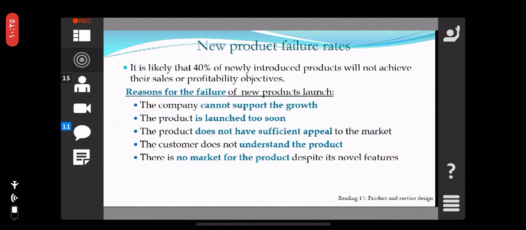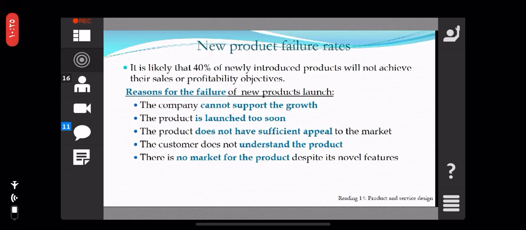Number two, the product is launched too soon. It's too early to launch the product, and the reasons could be different. Number three, the product does not have sufficient appeal to the market. Meaning the people are not looking for these products; they do not have importance to the market.